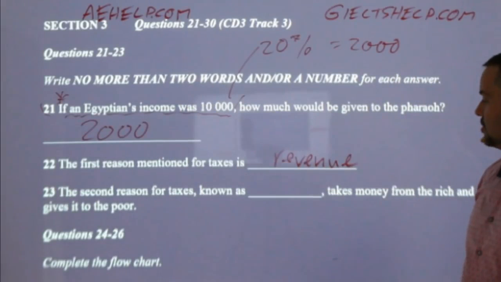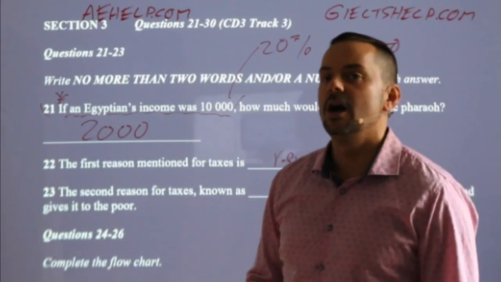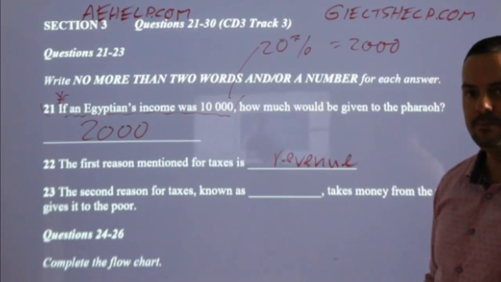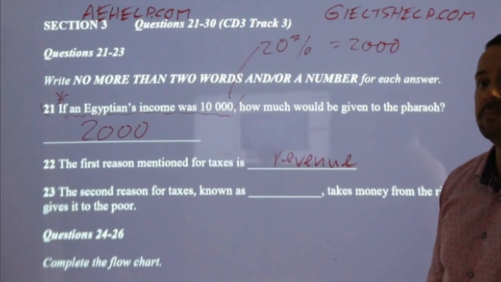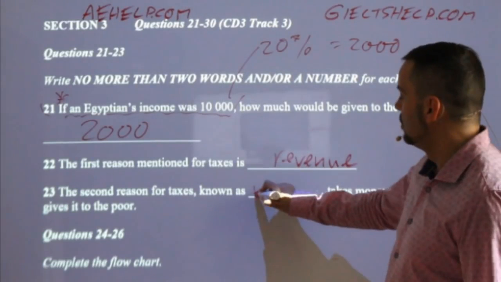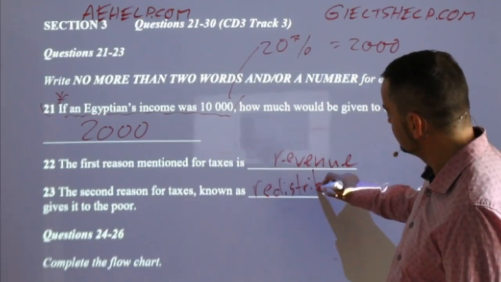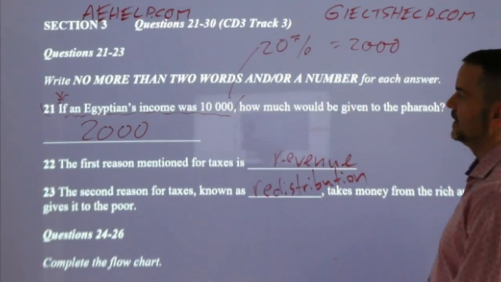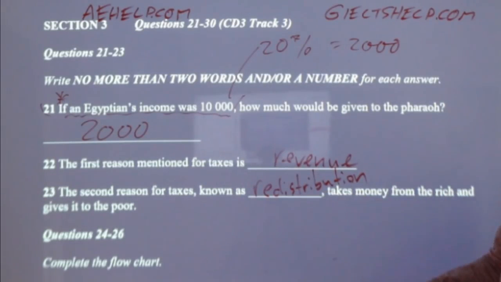So redistribution of money will be wrong because it's 3 words. Just redistribution. If you say wealth redistribution, that's okay. They'll take that. So redistribution, right. So 2,000, revenue, and redistribution.